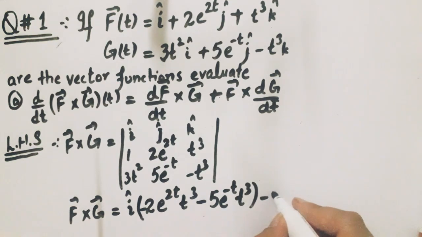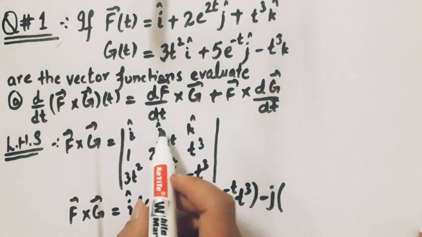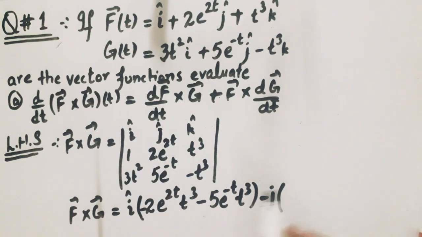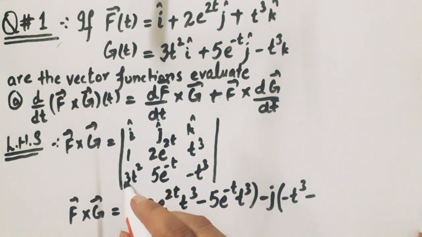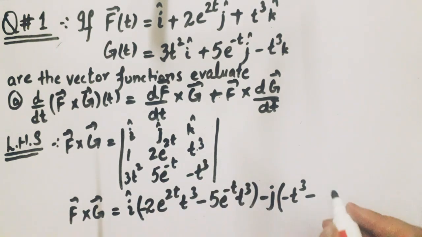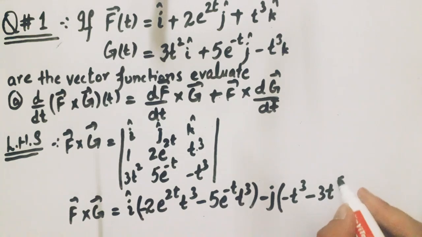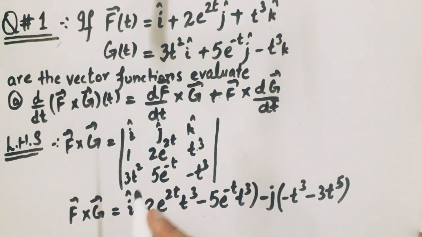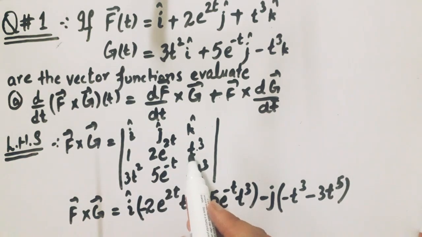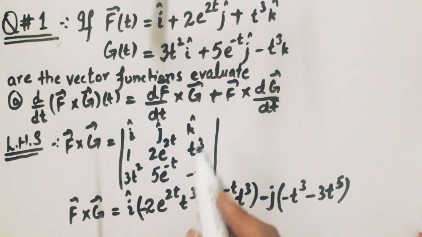Then minus j times (1 multiplied by minus t^3, minus 3t^2 multiplied by t^3, which is minus 3t^5), because t^2 and t^3 become t^(2+3), that is t^5.